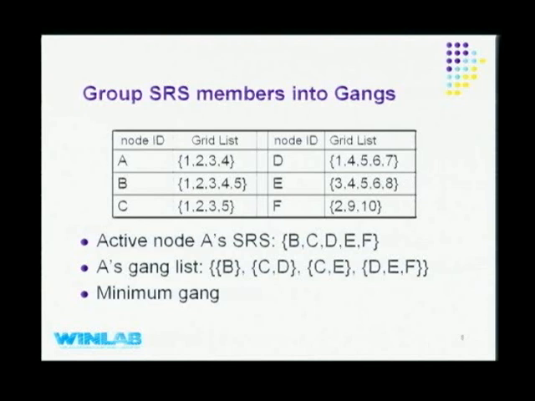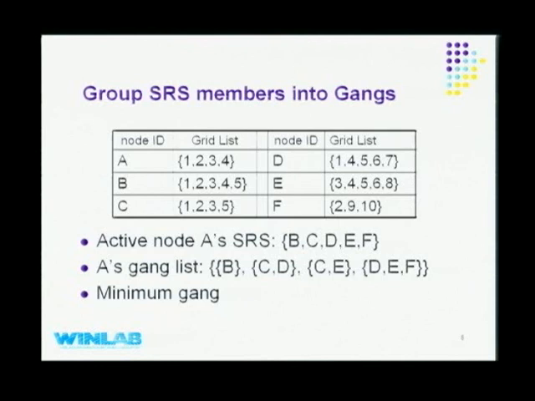Why? So let's look at this. For node B alone, it covers grid 1, 2, 3, 4, 5, which is a superset of A's grid list. So we could say B alone could cover node A completely. And for node C alone, we could not say the same, because node C doesn't cover grid 4, which A covers.